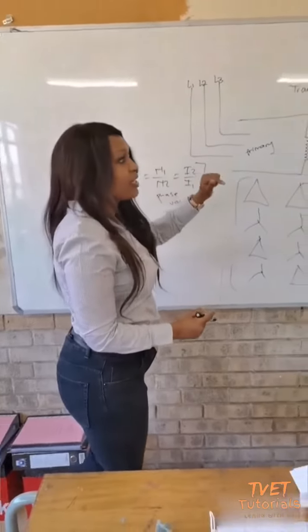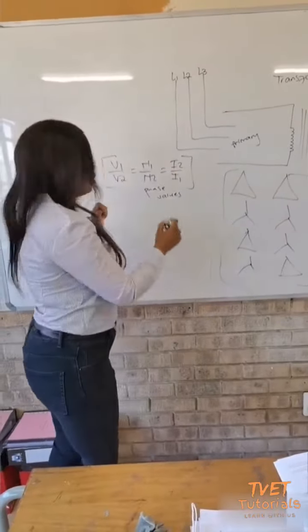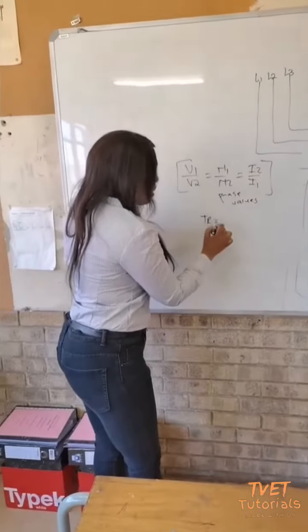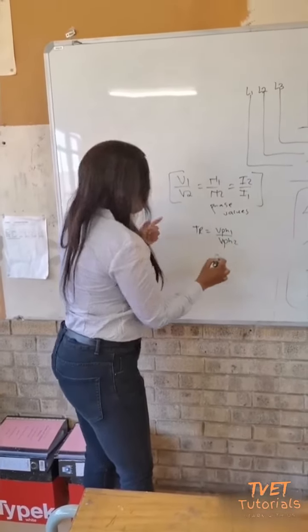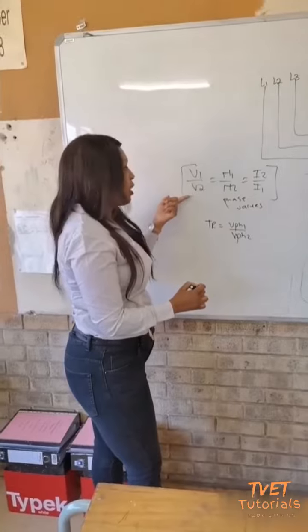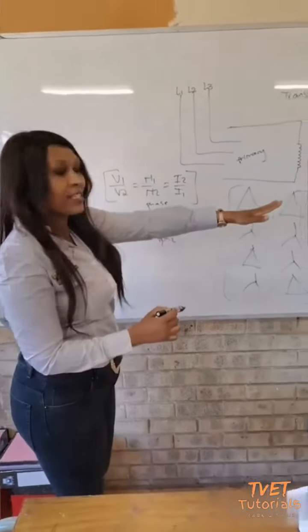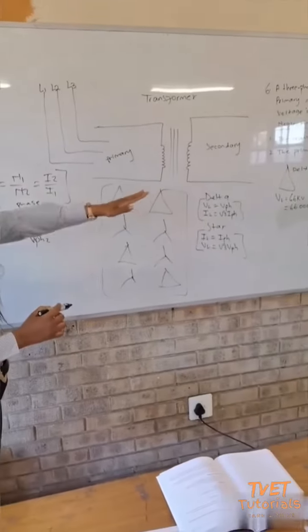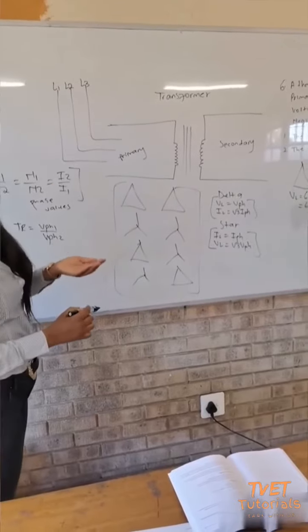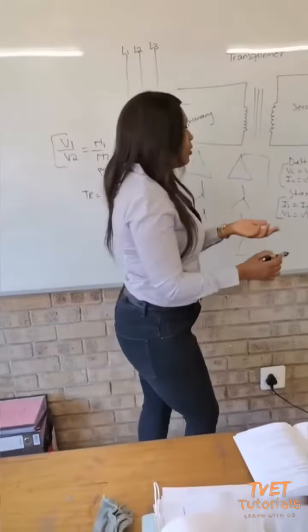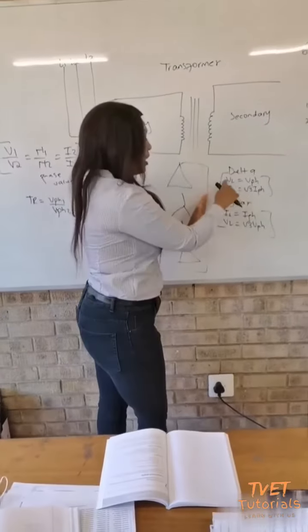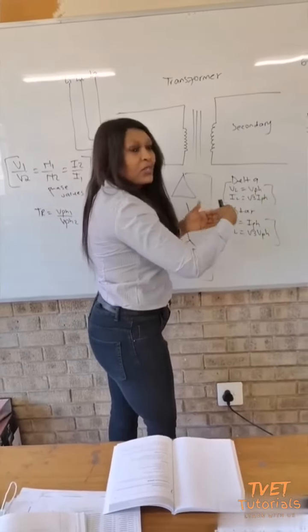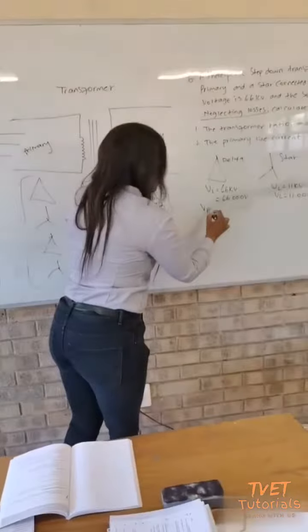In this case, they want us to calculate the transformer ratio. The transformer ratio is V phase 1 over V phase 2, meaning it's V1 over V2. But you do not use the lines as you are given from the statement. We only want to use the phase values. How can we find the phase values? In a delta connection, you remember in delta, V line equals V phase, meaning we do have a V phase on this primary side.